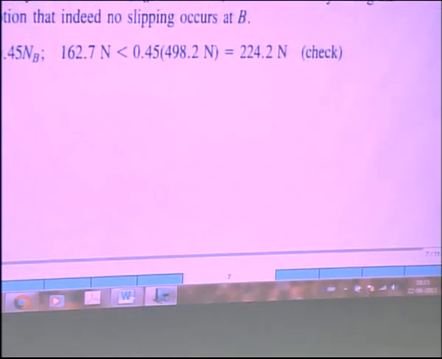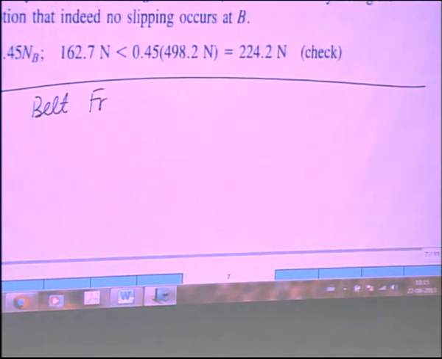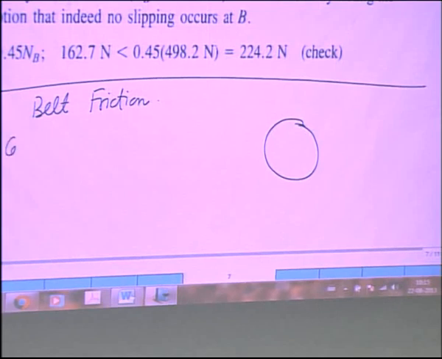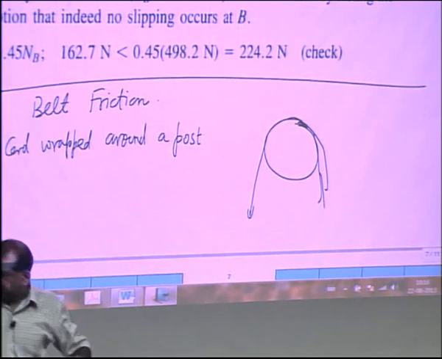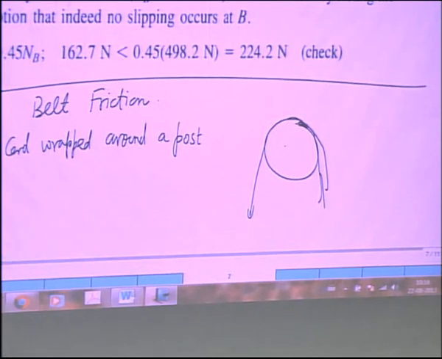Now, in this topic of belt friction, suppose we have a cord wrapped around a post. There is a fixed pillar or a post.